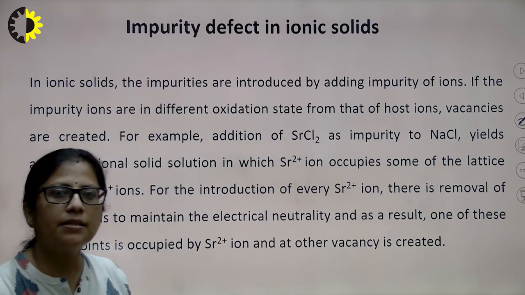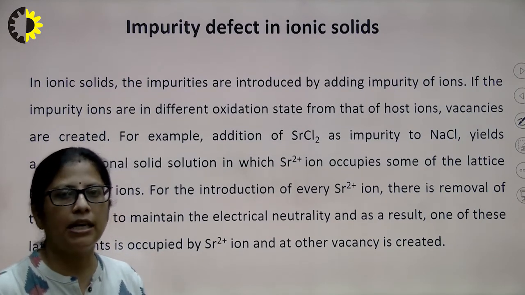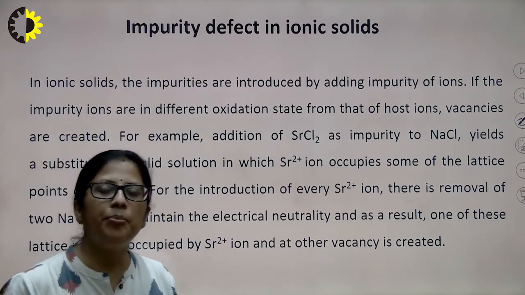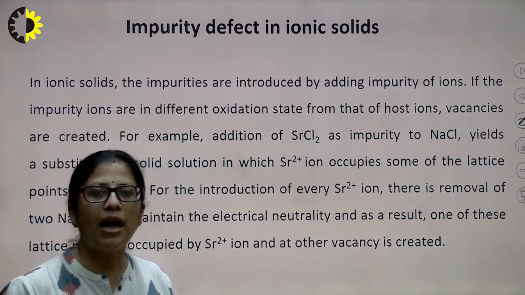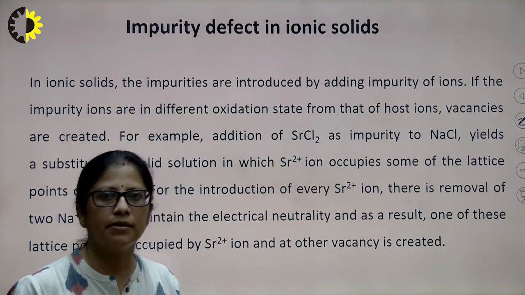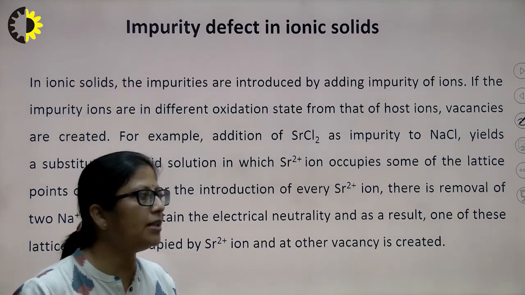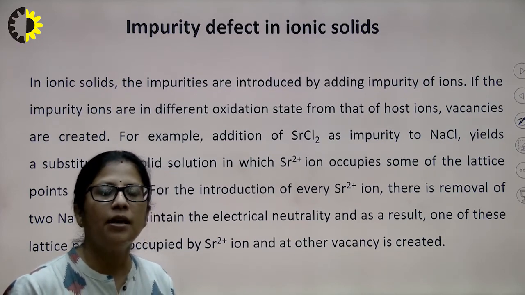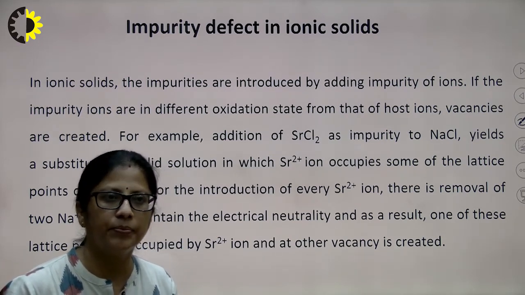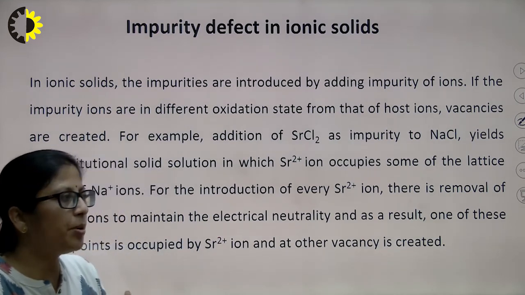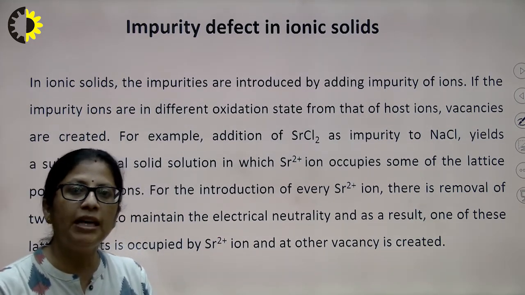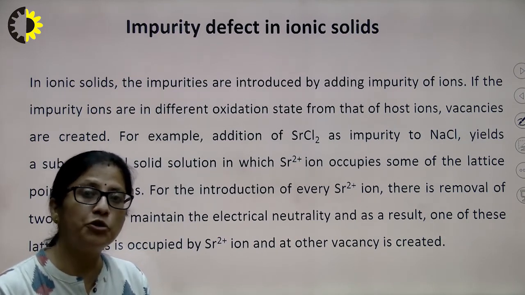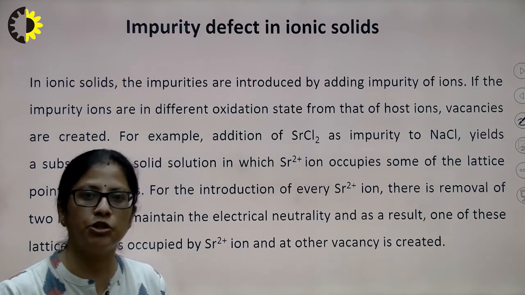Then next type is the impurity defect in ionic solids. In ionic solids, the impurities are introduced by adding impurity ions. If the impurity ions are in a different oxidation state from the host ions, vacancies are created. Now, these impurities should be exactly of the same size as the metal, but they should be in the higher oxidation state.